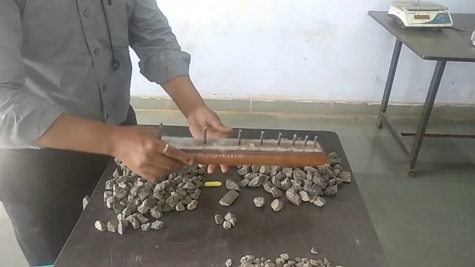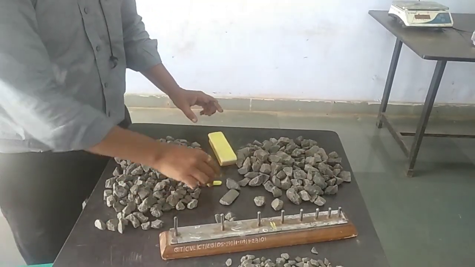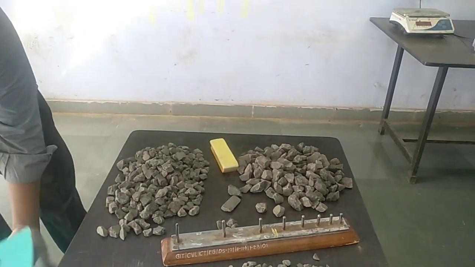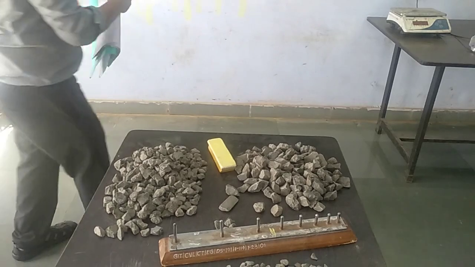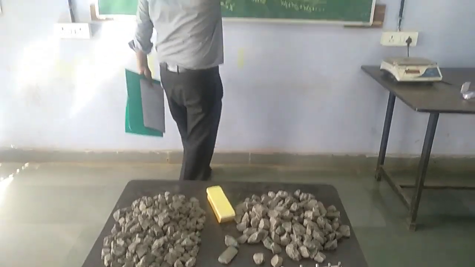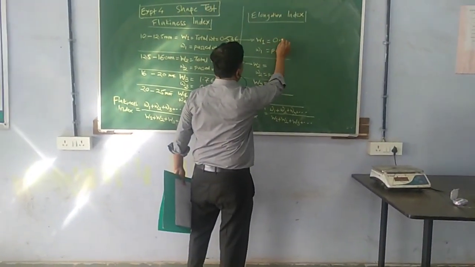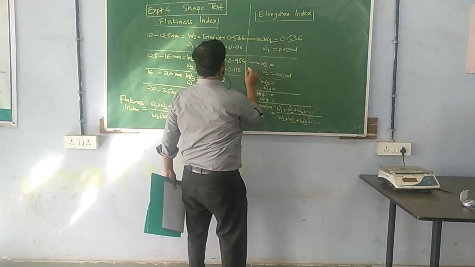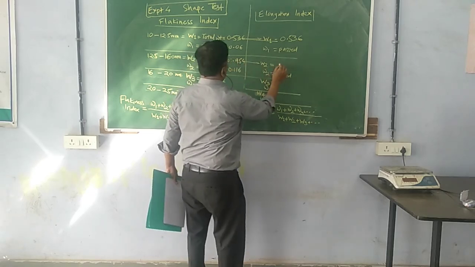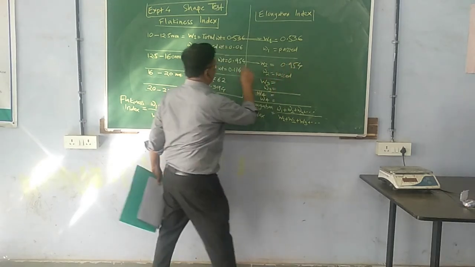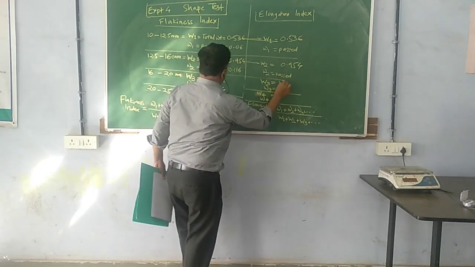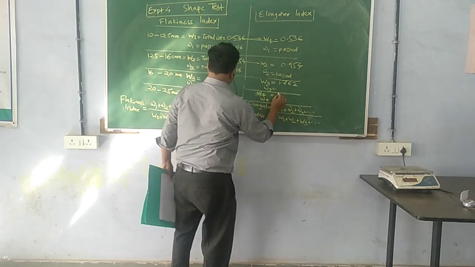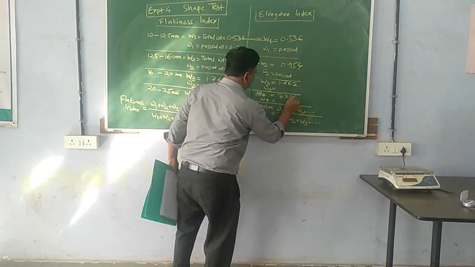And these are the sample readings that I have got for the elongation index. Here the total weight will be the same as the previous case because it is with respect to sieve sizes. I will write W1 as it is. The capital W2 will be 0.954, the same value. Then 1.762, same value, and W4 will be 3.204.